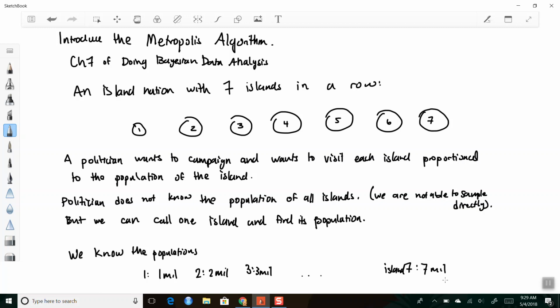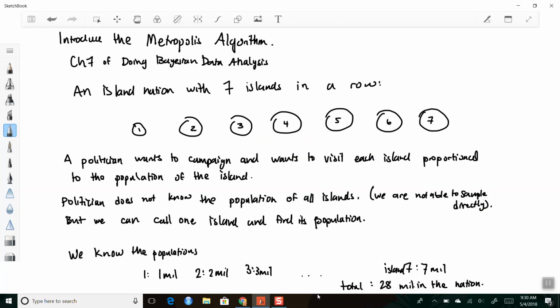For a total of 28 million people in the nation. All right, is that okay? I guess this is a big country, but that we don't know about.